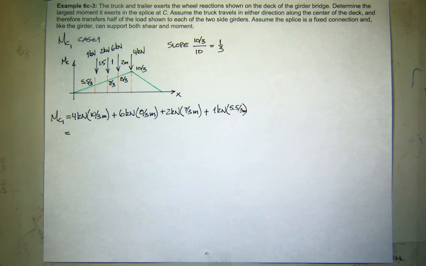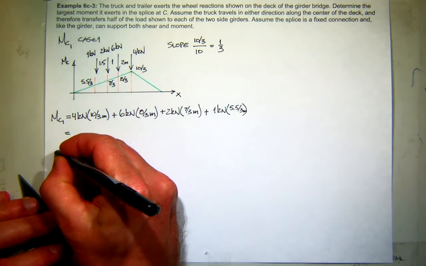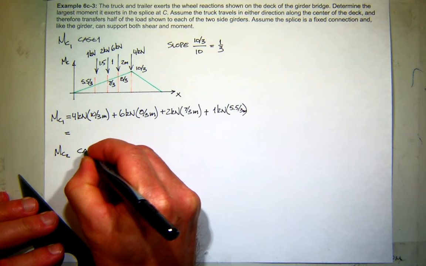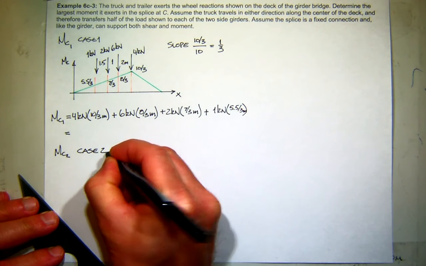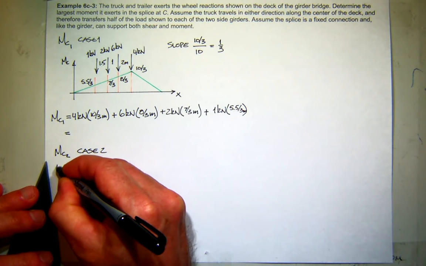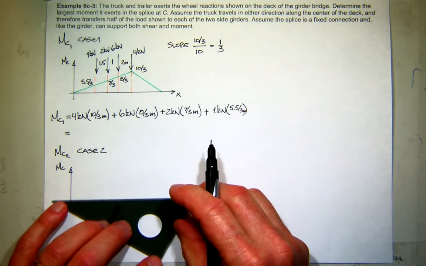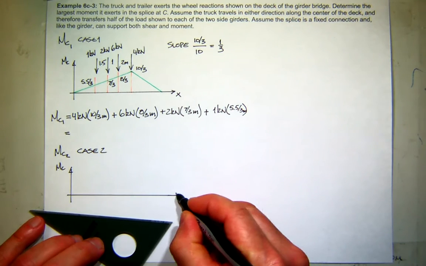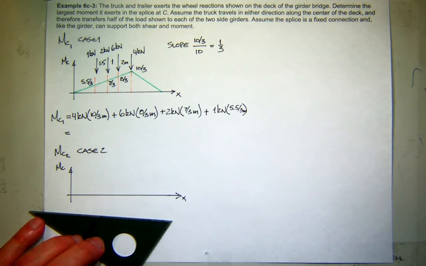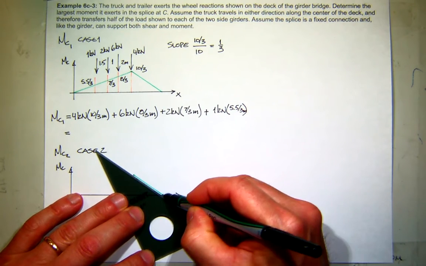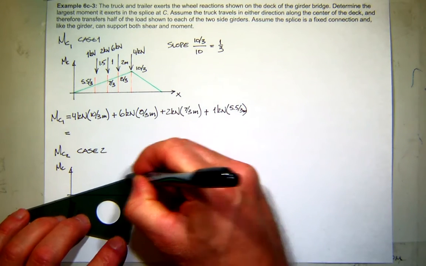And while you're doing that, I'll check the second case, or start the second case. So again, I'll resketch the influence line for the moment.